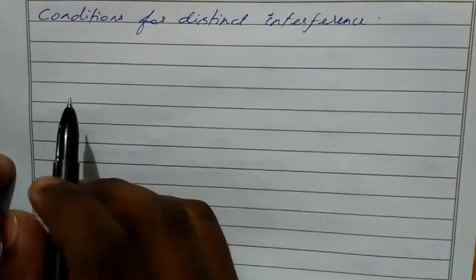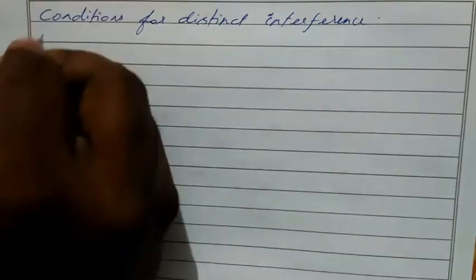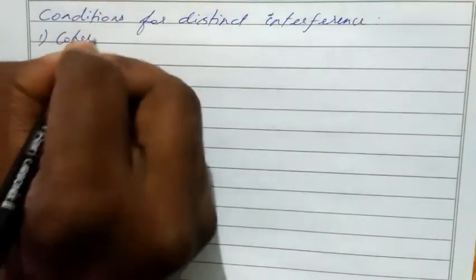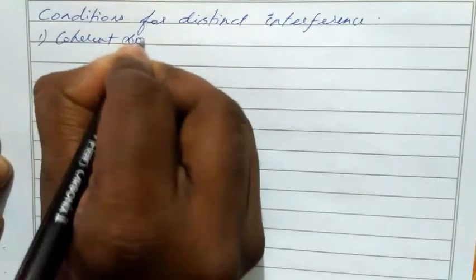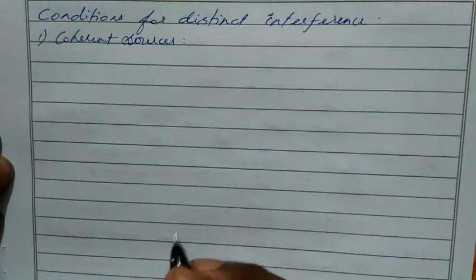So next, conditions for distinct interference. To make interference there are certain conditions. First one, coherent sources. What is meant by coherent source?